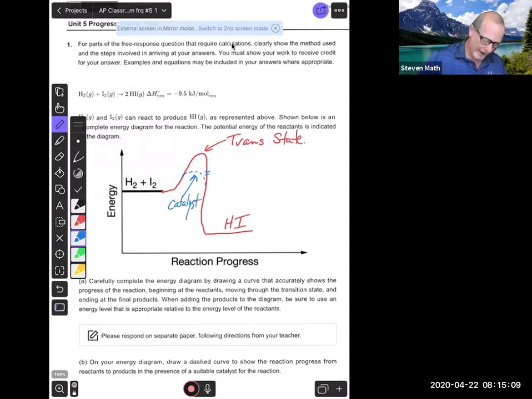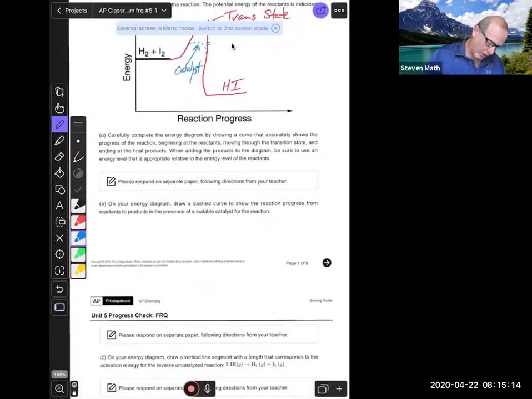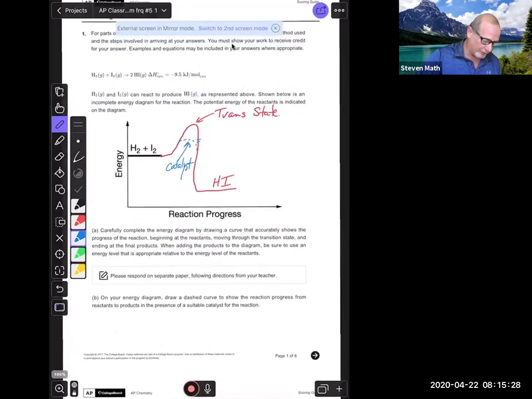Okay. And then C is a great question. C says, on the diagram, draw a vertical line segment with a length that corresponds to the activation energy of the reverse reaction, the Ea of the reverse. Still not trying to be difficult here, kids, but here is C. Let's go up to there.